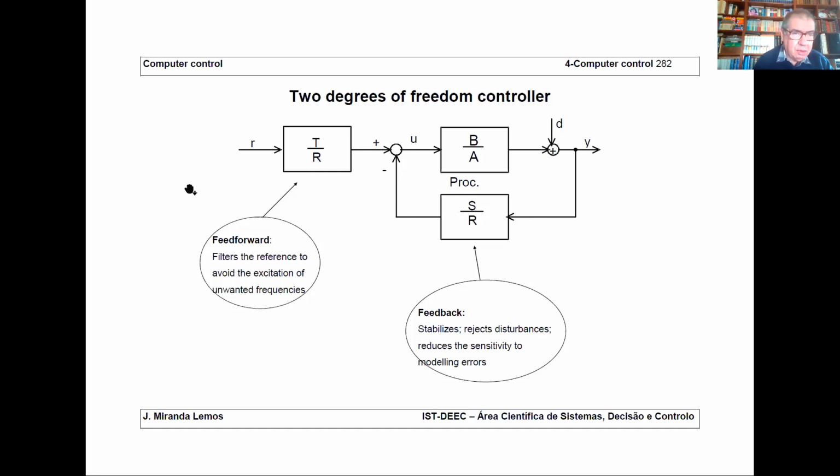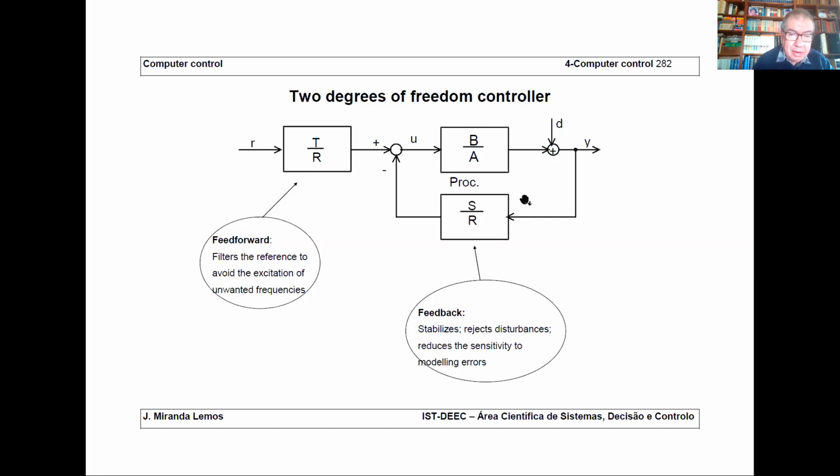When the reference R is constant, you want Y to track it with zero steady state error. Then you force an integral in your controller. And this is made by forcing R to have an integral action. Later, we are going to see how.